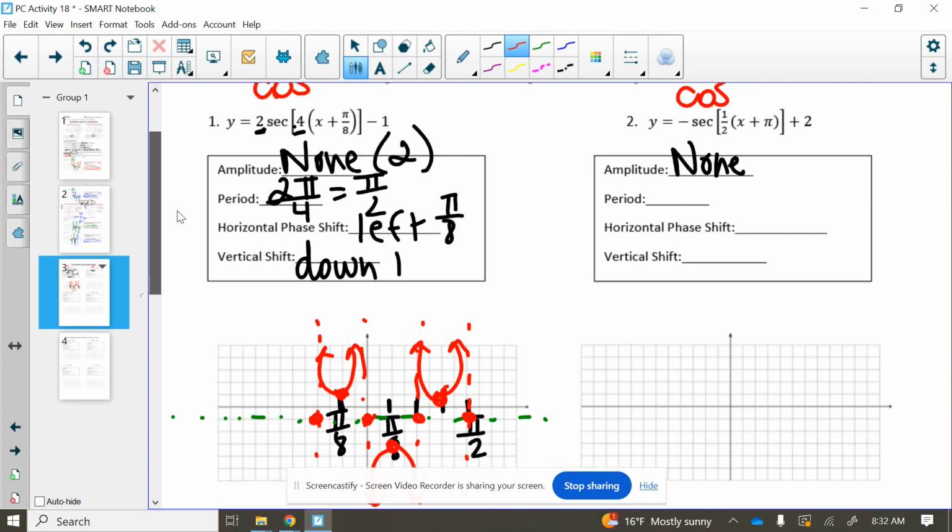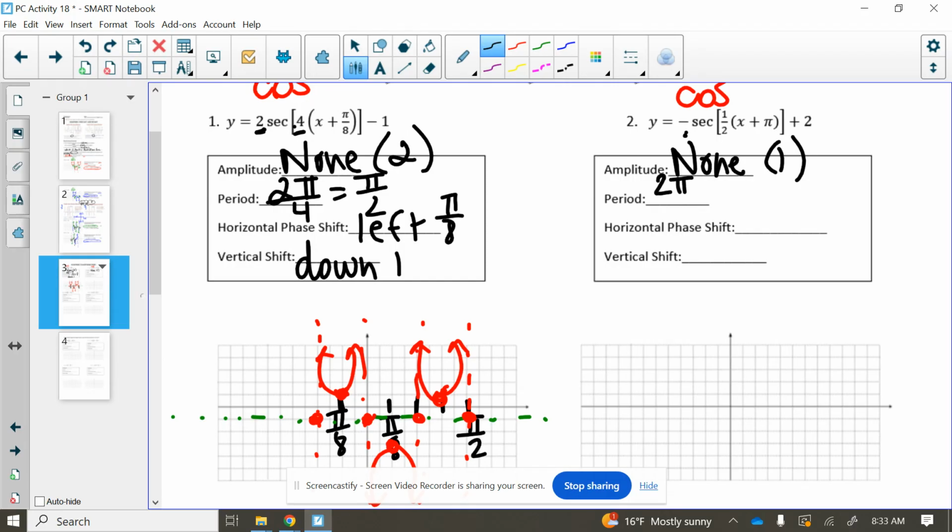Now, for the second example of secant, again, we officially would say that there isn't an amplitude change, because neither secant nor cosecant has an amplitude, but we're really going to say our amplitude is 1 for the sake of graphing that cosine.